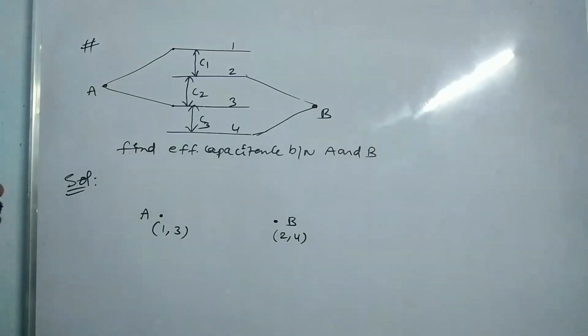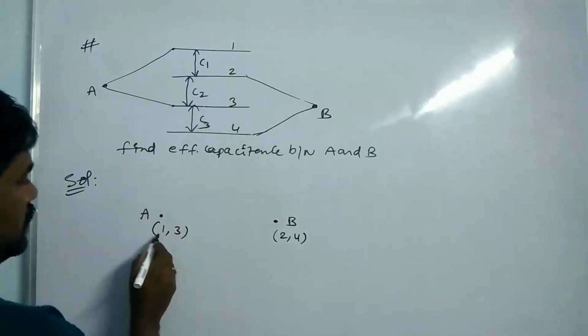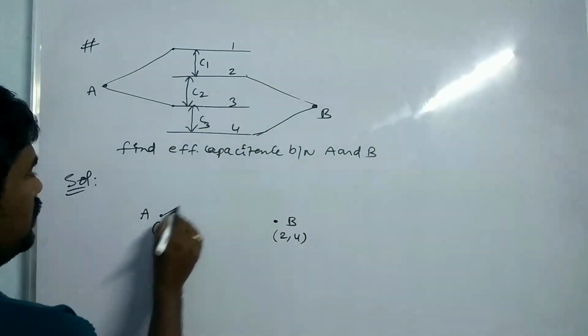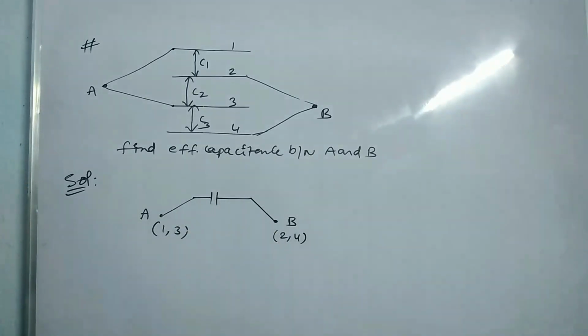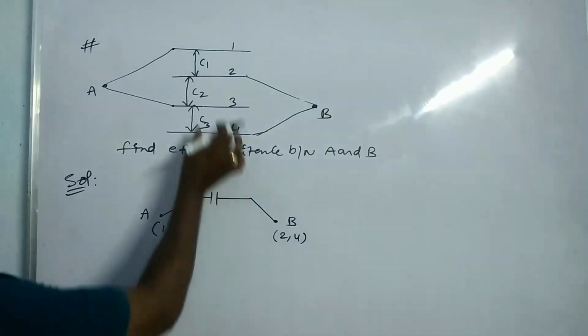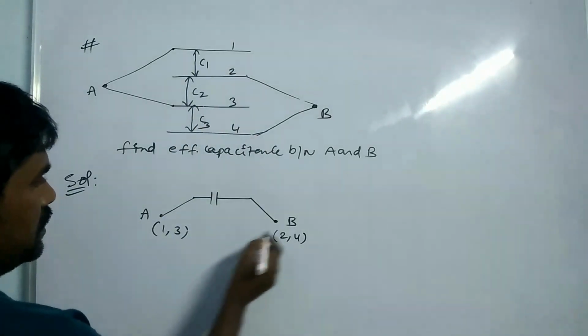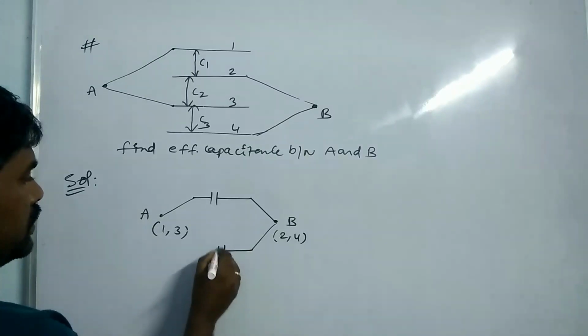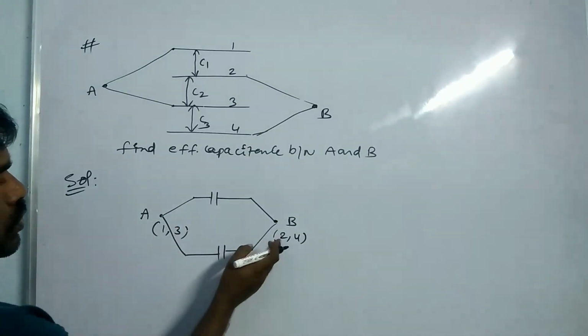Capacitor C1 is between the first and second plates. This is first and this is second, so here you draw capacitor C1. Capacitor C2 is between 2 and 3, so here there is a capacitor between 2 and 3.